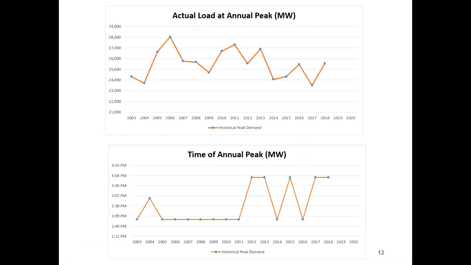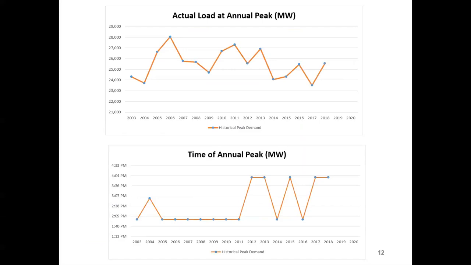These are a couple of graphs. The first is the annual peak load going back to 2003, and you can see that it's generally been going down, although last year we saw a surprisingly high spike back up, which was a little concerning. The other graph below is the actual one hour of the peak, and you can see for a long time it was basically about 2 o'clock in the afternoon.